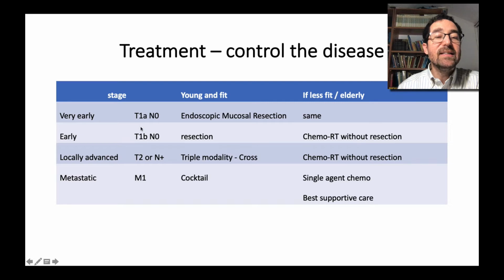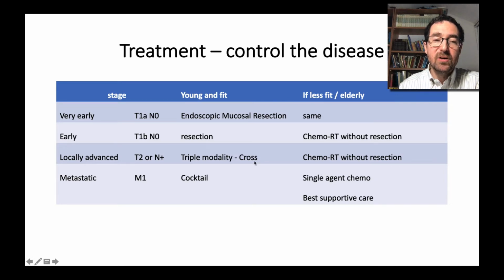If you already have a T1B tumor, even if there aren't lymph nodes, then these patients ideally need to undergo an esophagectomy, which is always a very large operation. If it's a T2 lesion, or there are positive lymph nodes, then doing an operation alone is simply not good enough, and then you need to have what we call triple modality treatment, which is a combination of preoperative radiation therapy combined with chemotherapy, and then after they recover from that, they undergo resection.